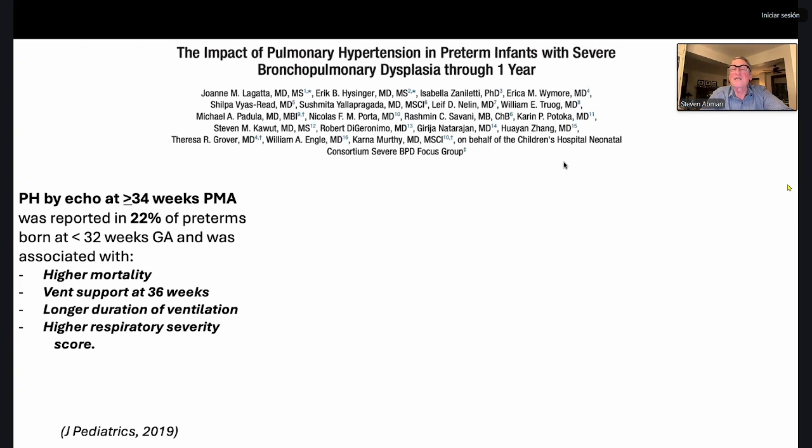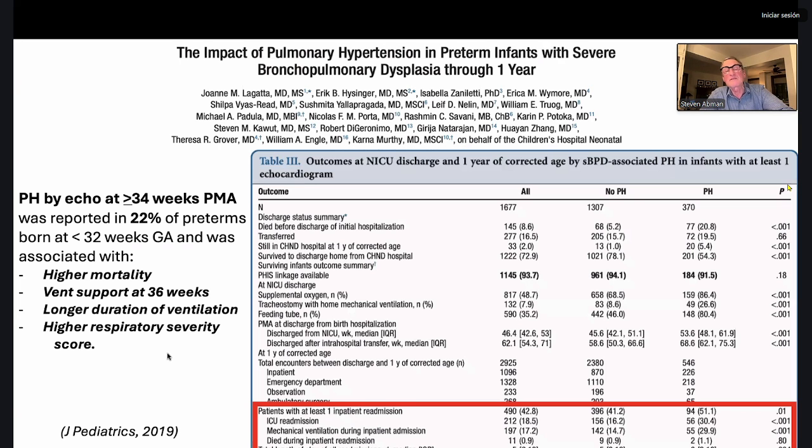Another cohort studied through the first year of life from the Children's Hospital Neonatal Consortium did echoes somewhere around 34 weeks and found that 22% of the preterms born less than 32 weeks had echo abnormalities. And again, clinical features: higher mortality, more vent support, longer duration of ventilation, worse respiratory severity.